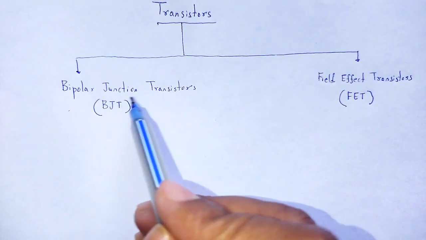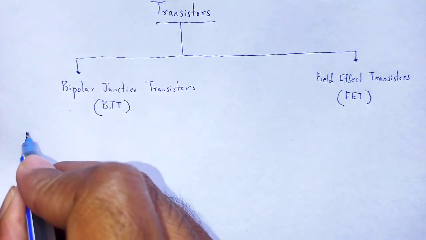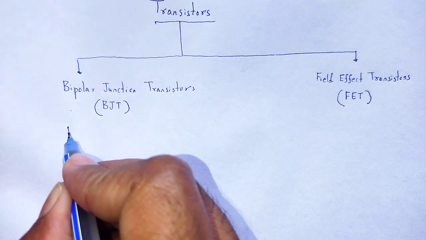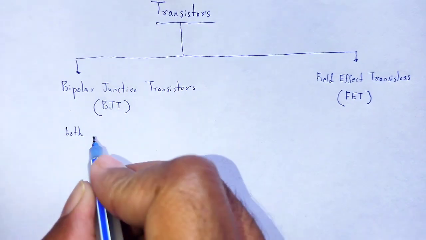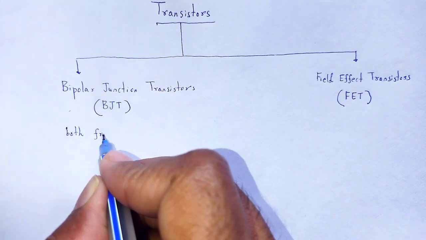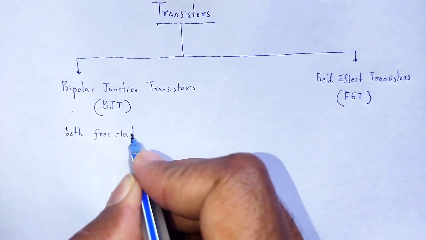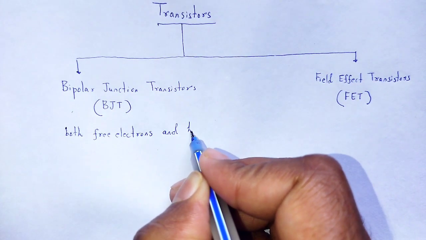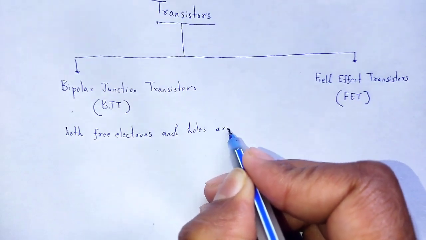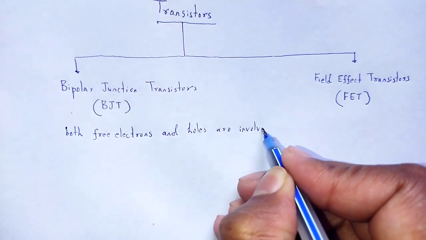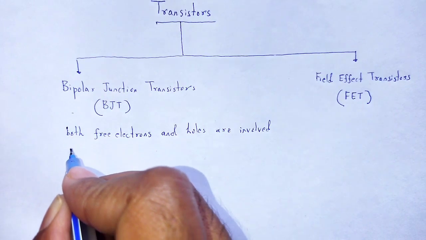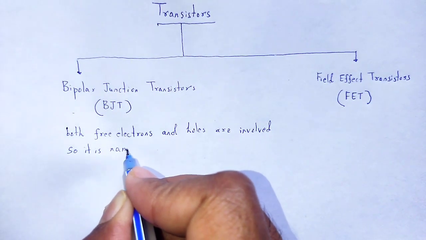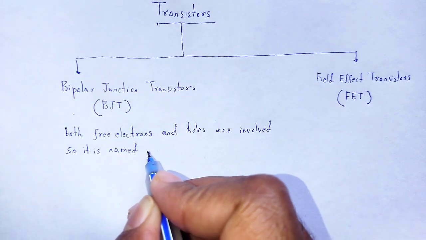Bipolar junction transistor is named as such because both free electrons and holes are involved. So it is named like that.